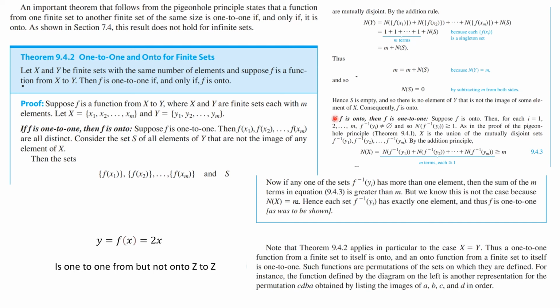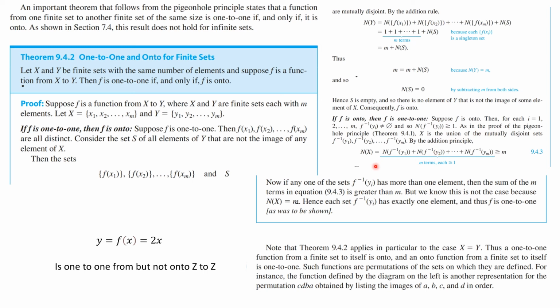So we showed if f is 1 to 1, then f is onto. Now suppose f is onto, and we have to show that it's 1 to 1. That's our if part. Then for each i, 1 through m, the inverse image of y sub i is not equal to the null set, and so the number in each of those is bigger than or equal to 1.